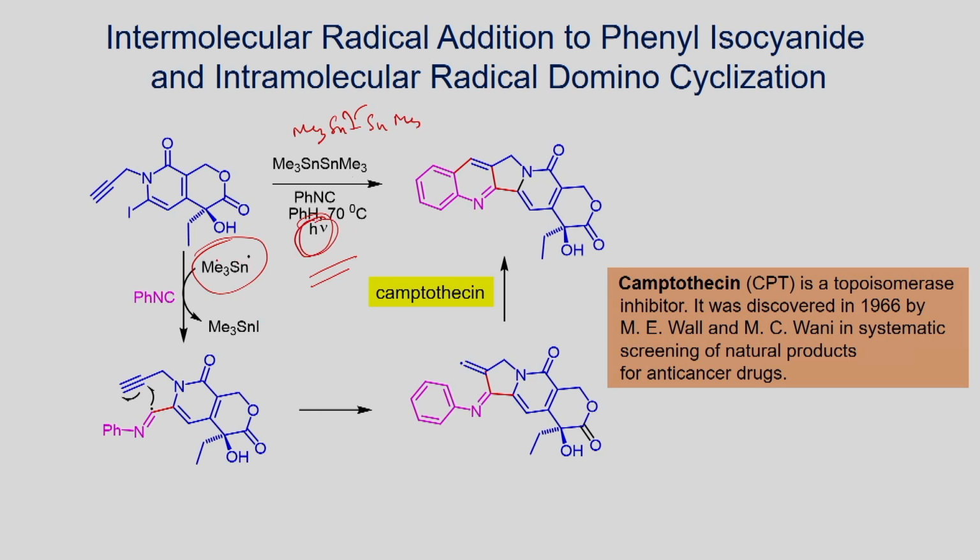Already we know that when you have this trialkyl tin radical, it can readily react with carbon halogen bond. In this case, you have this carbon iodine bond which can undergo reaction and you will be able to form radical.